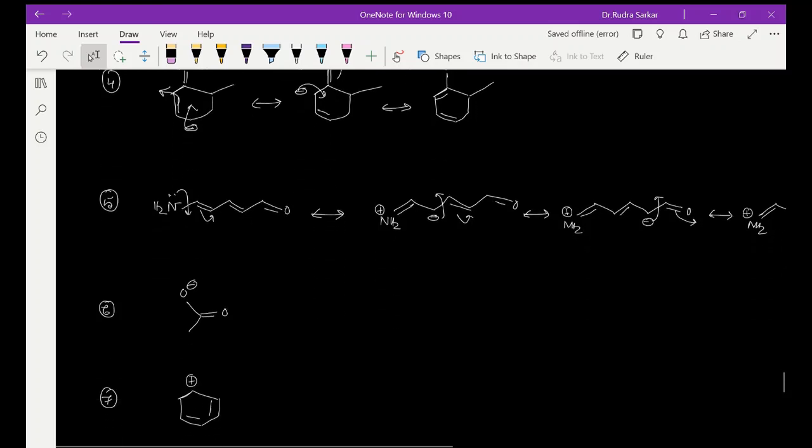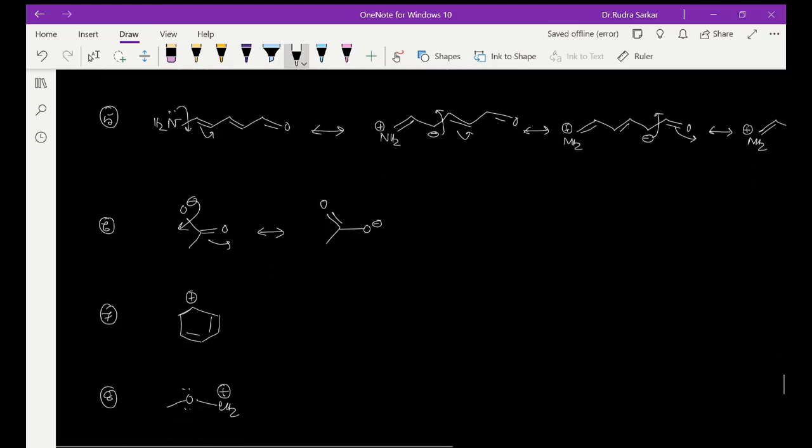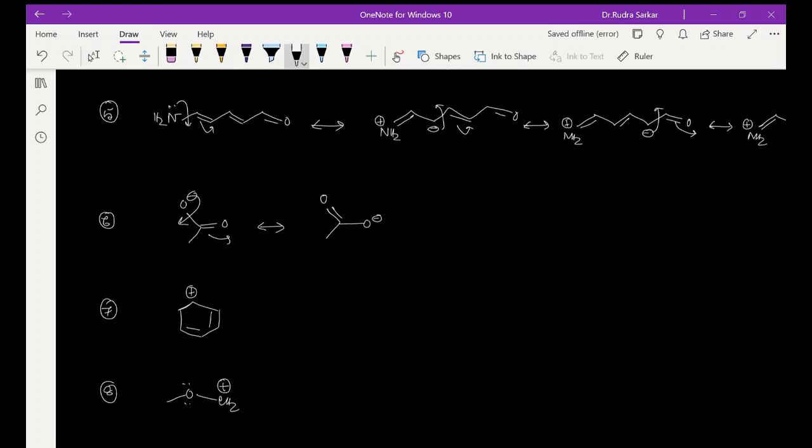Okay. This is your acetamide, which I have done before, and so the structures that we will get are as shown. Negative charges, positive charges there, the pi bond moves in like that.